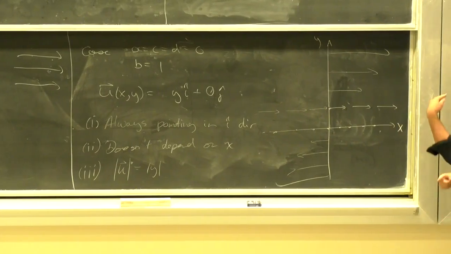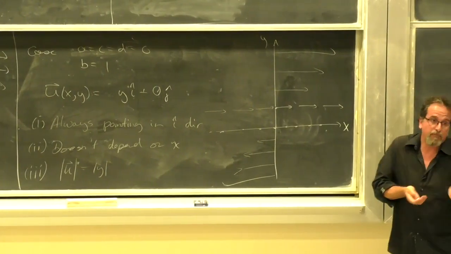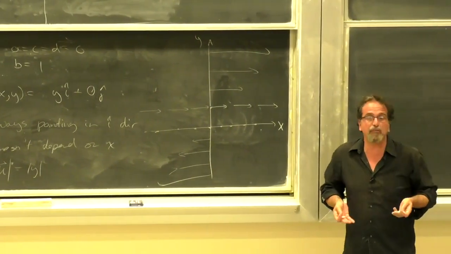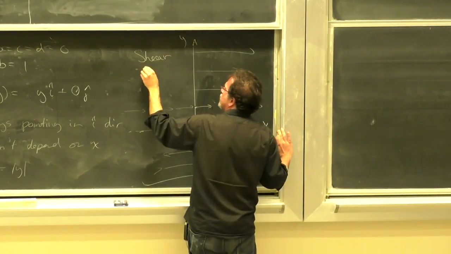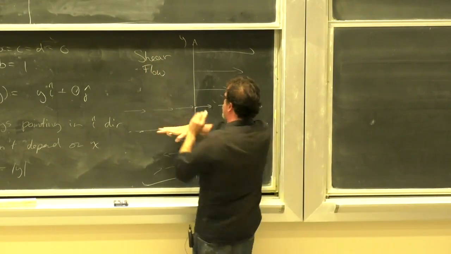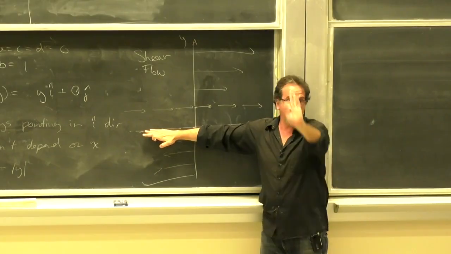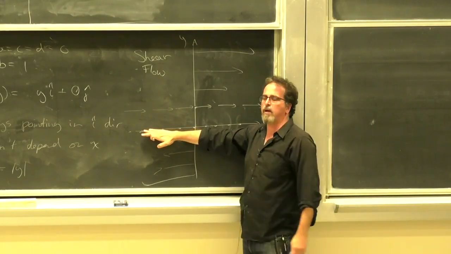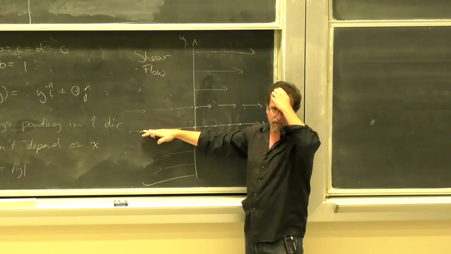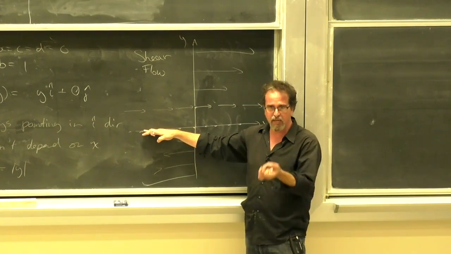By the way, in fluid dynamics, this has a name. This is called a shear flow. This is a shear. If you imagine just putting the ground right over here, and the wind was blowing overhead, right? Well, the wind sort of has to stick to the ground because of viscosity, because of just the dynamics of air. It actually ends up sticking at the ground.